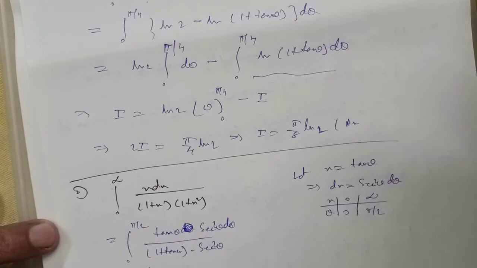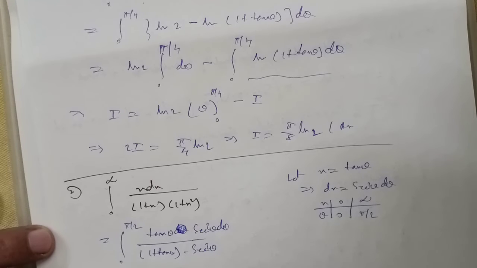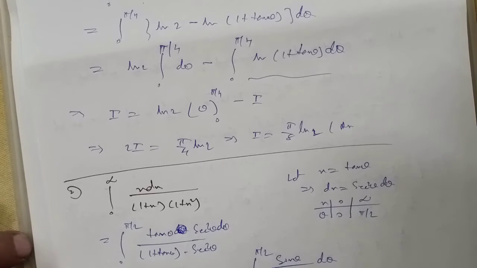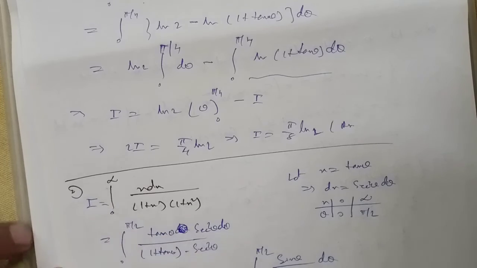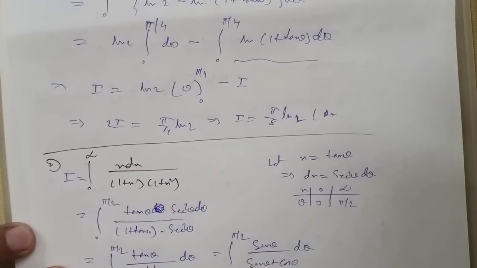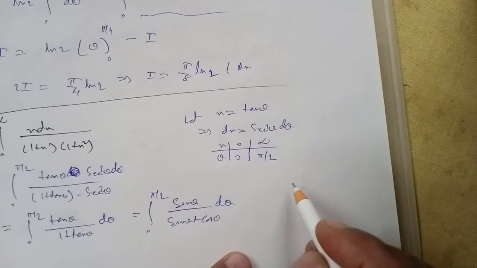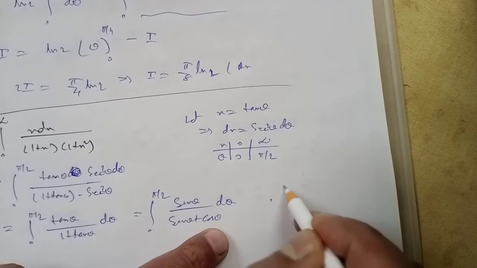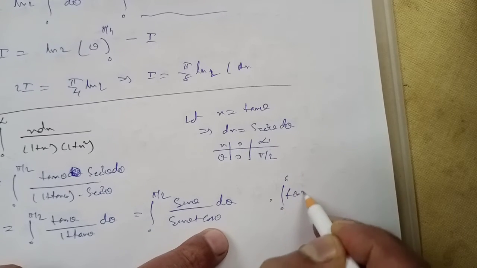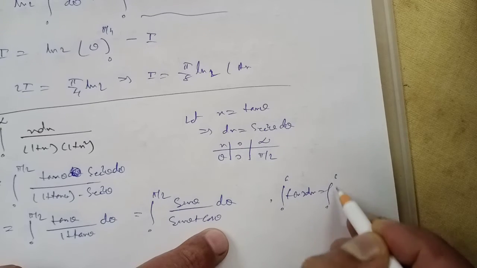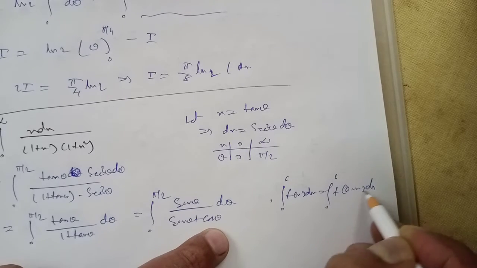So we get 0 to pi by 2 tan theta by (1 plus tan theta) d theta. Multiply both numerator and denominator by cos theta, so we get 0 to pi by 2 sin theta by (sin theta plus cos theta) d theta. Now apply the fourth property. What is the fourth property? 0 to a f(x) dx equals 0 to a f of (a minus x) dx.